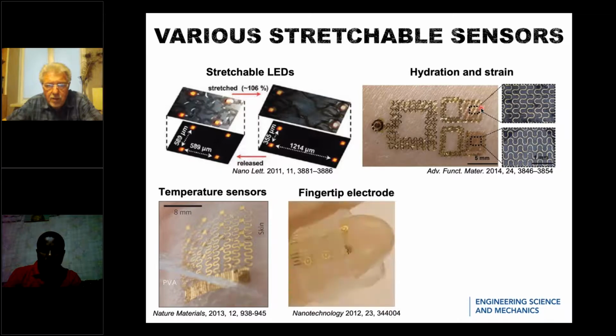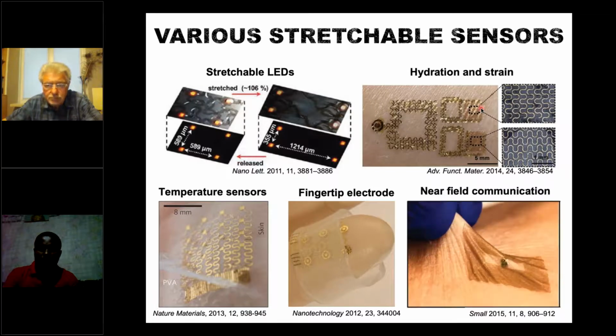And we can also reverse the signal from measurement to stimulation. If we drive in the current, we'll be able to provide electrical stimulation to provide a sensation, massage, or wound healing process. So that's really something important and desirable for the actual application. And the wireless communication can also be enabled through near field communication of the data or energy, so that we don't need to rely on the wires.